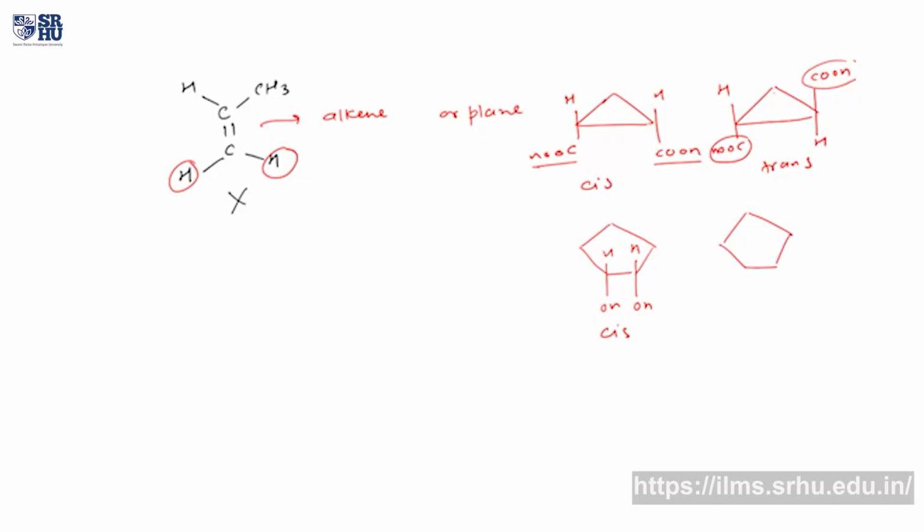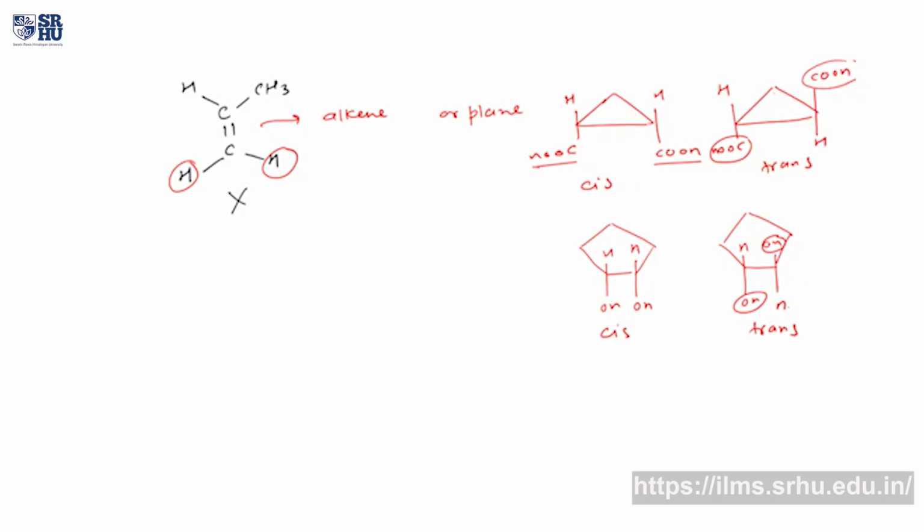They are both below the plane, while in this one OH and OH are on the opposite side of the plane. The similar groups are on opposite sides of the plane, hence they are acting as what? Trans. So these are a few examples of compounds showing geometrical isomerism in cyclic molecules.